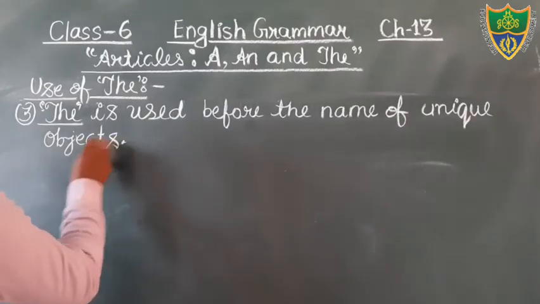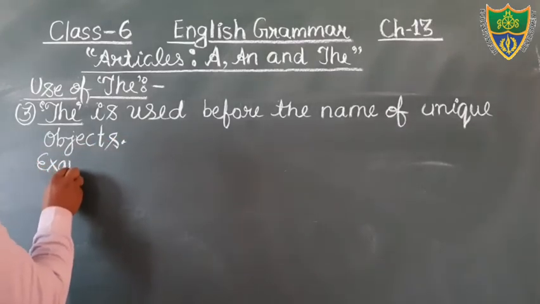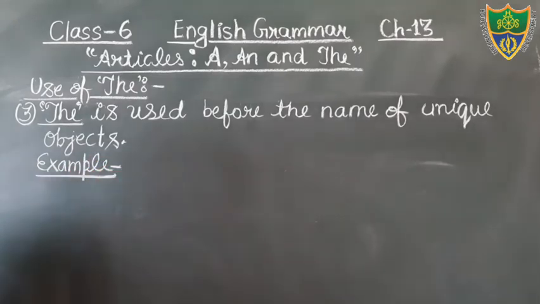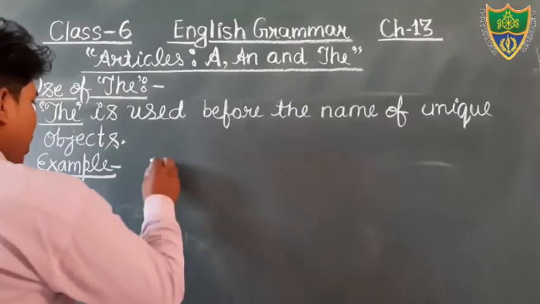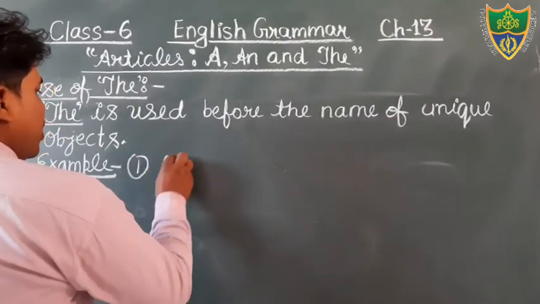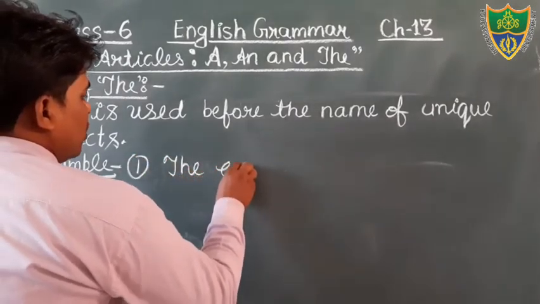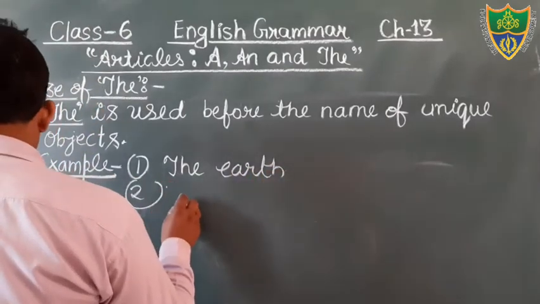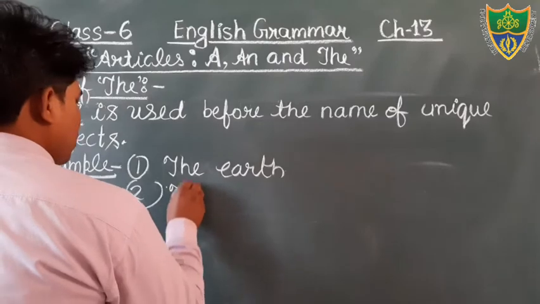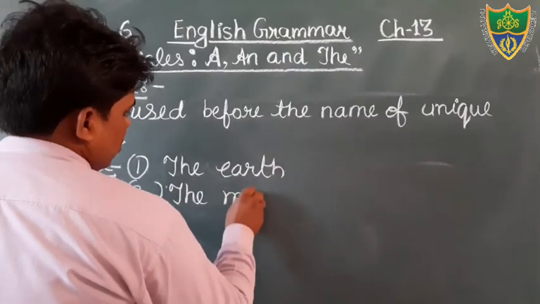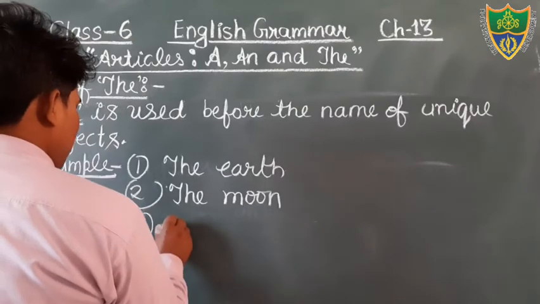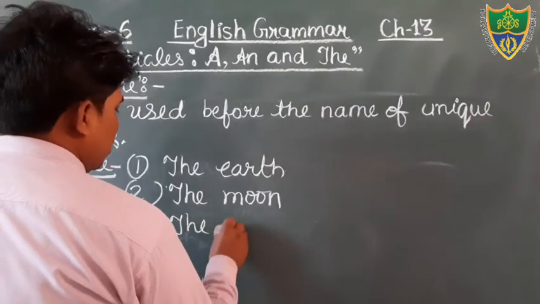So, just write down the examples. You can see the earth, the moon, the sun. These are the unique objects.